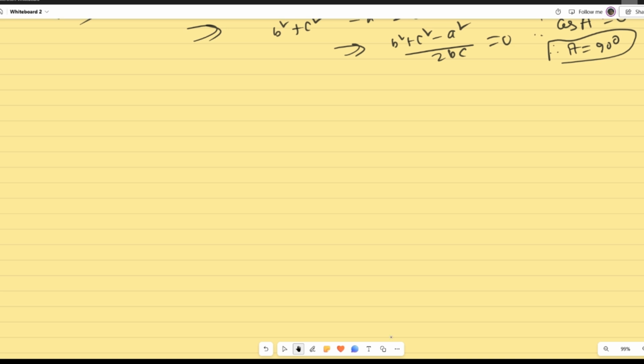O is the incenter. Then P is the midpoint. O is the incenter here. You have to find OP equal to what?